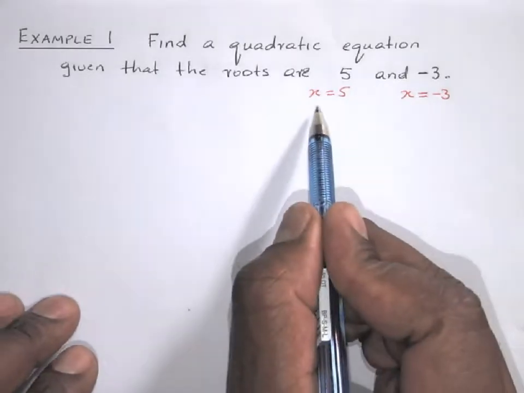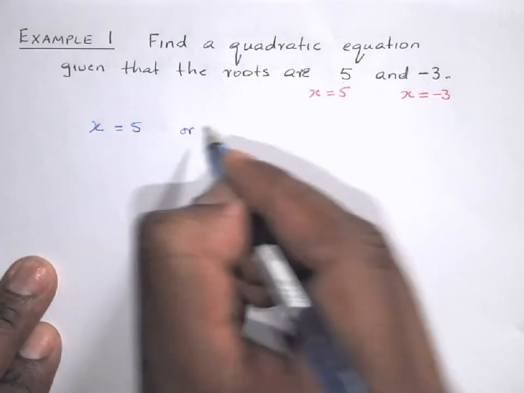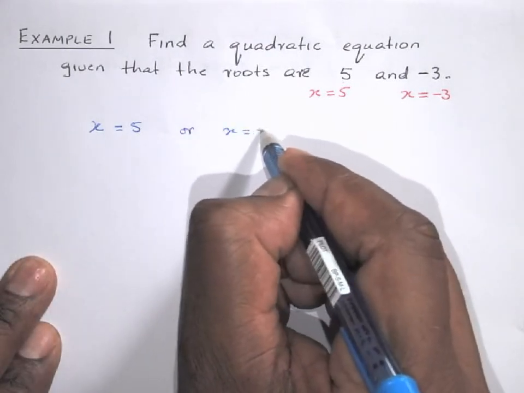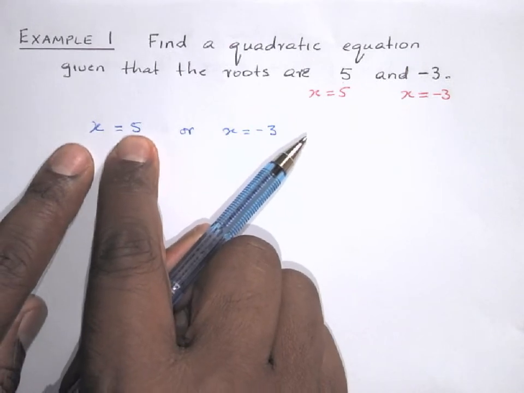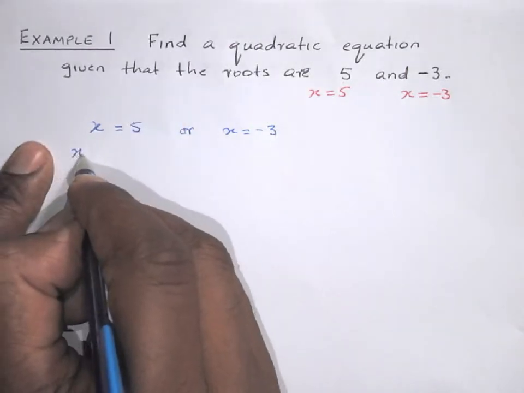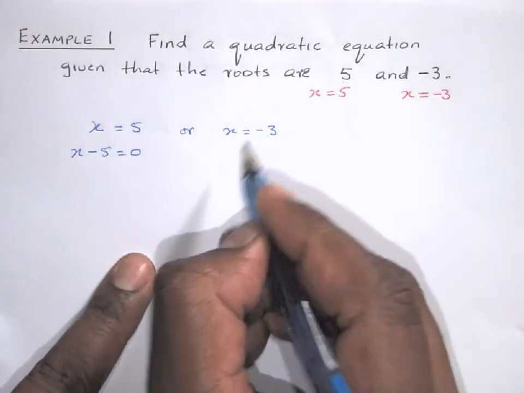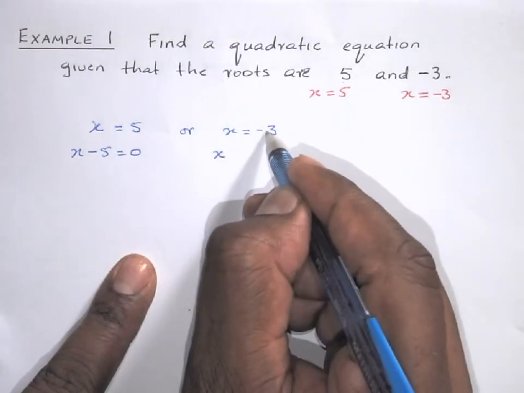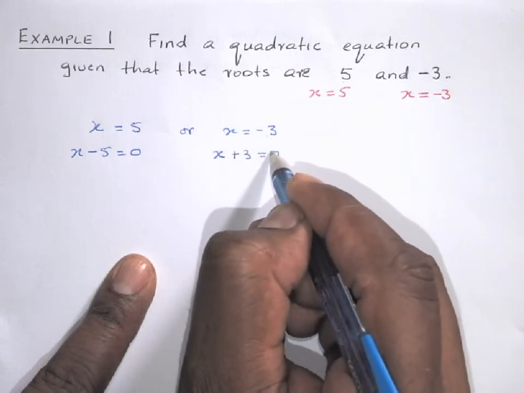Since we know that x is equal to 5 or x is equal to minus 3, we can reverse the process by taking the 5 across. So then I'll get x minus 5 is equal to 0. And here if I take this across, I'll get x, then minus 3 to the other side becomes plus 3, is equal to 0.